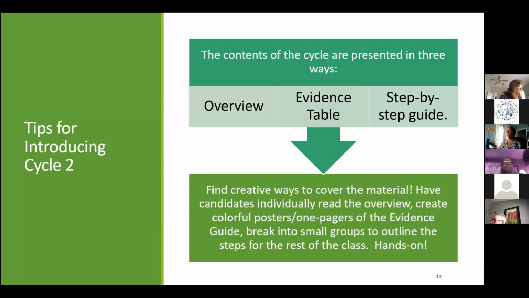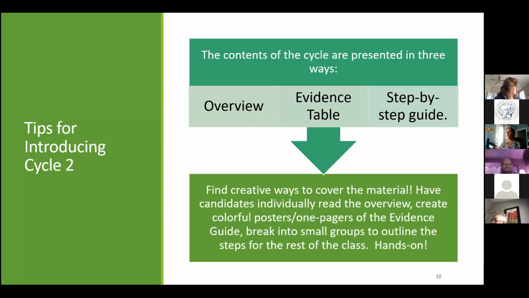So we have a table that is step by step that provides that information to the candidate: what is required of them, and then what is the evidence to be submitted. And then we have that step by step, more detailed narrative about each of the 4 steps and what is expected from the candidate.